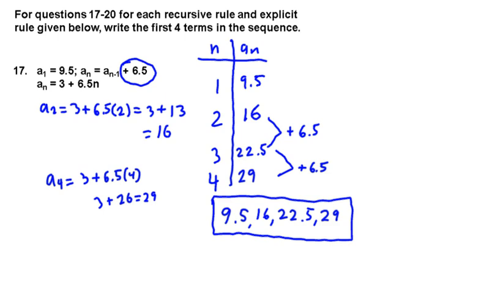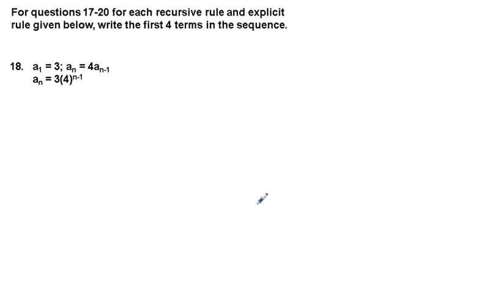Okay, number 18. We have this time a common ratio and not a common difference. So we're going to go n, a sub n. Well, we know that for a first term, we just get right here 3.